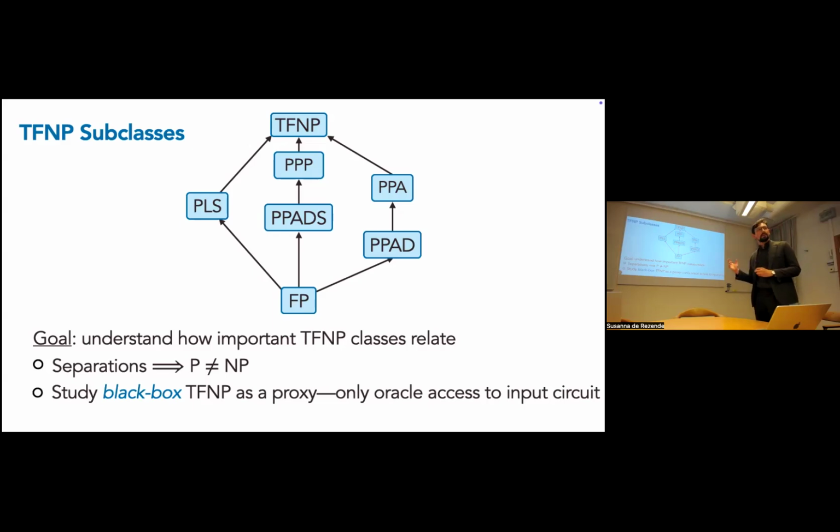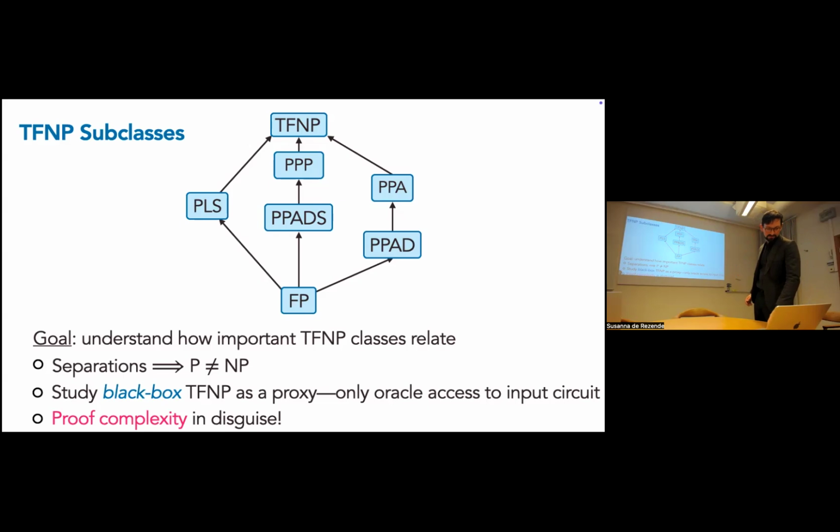So in each of the TFNP problems I defined for you, the input is a circuit telling you something. In the black box model, you treat the circuit as an oracle. You're only allowed to ask questions to the circuit. You're not allowed to see what the circuit looks like.